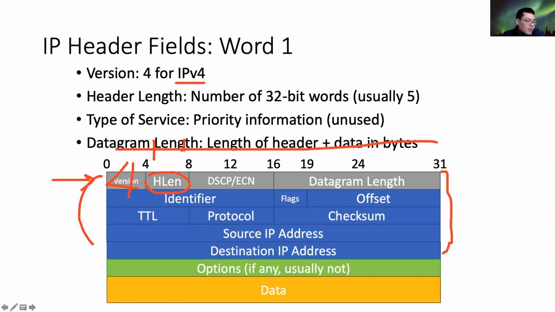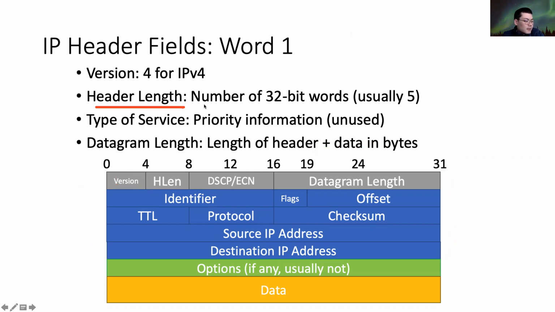We have 5 of those 4 bytes, which is 20 bytes. But if you look at the header length, it's really written in terms of how many 32-bit words. So instead of saying I have 4 times 5, 20 bytes, here it will say I have 5, because the unit is not a byte.